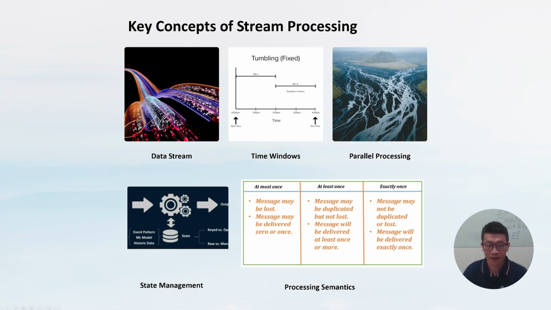Another important concept in stream processing is processing semantics. This concept differs from batch processing and encompasses several options. Exactly once: each record is processed exactly once by the stream processing system. Achieving this level of precision may come with a cost. At least once: each record is processed at least once, but it may be processed multiple times.